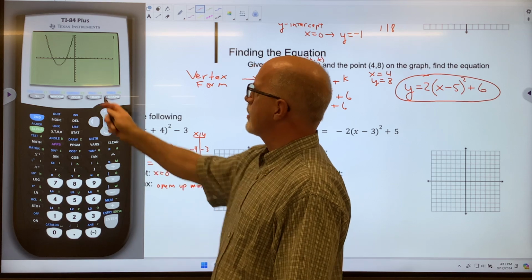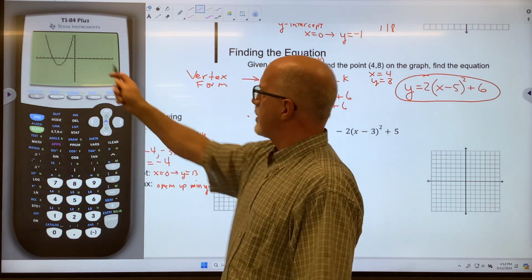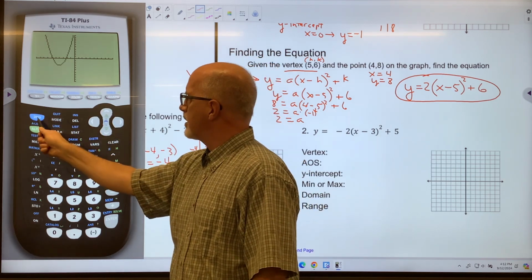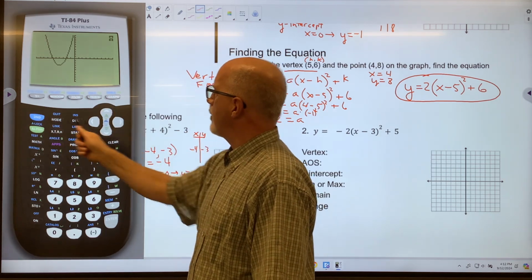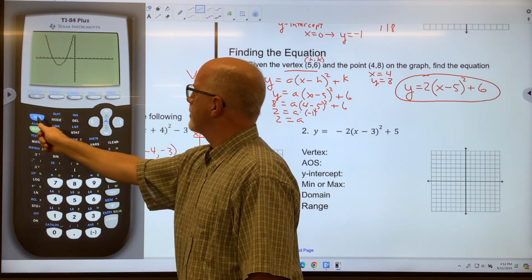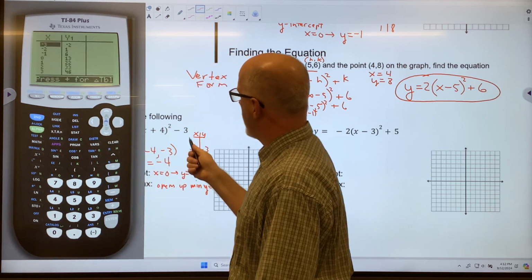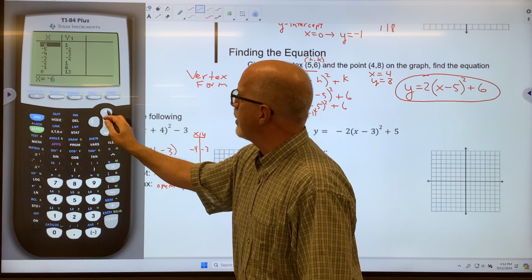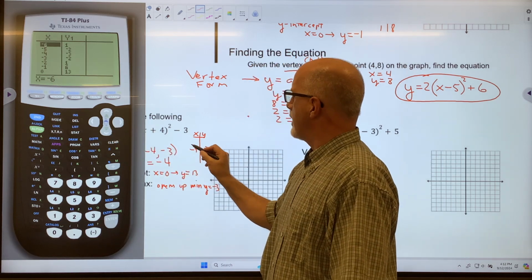So for this one, see, it goes way off the graph to get up to the y-intercept. But notice I can look at this and look at the table and get a couple other values near -4. So if I'm up here at -4, I got -5.